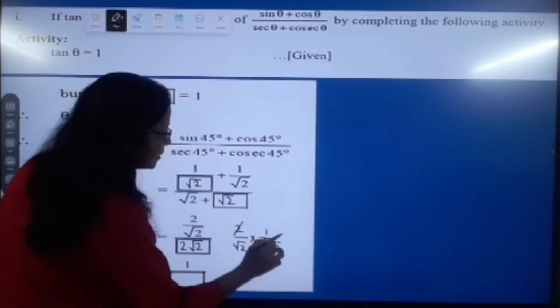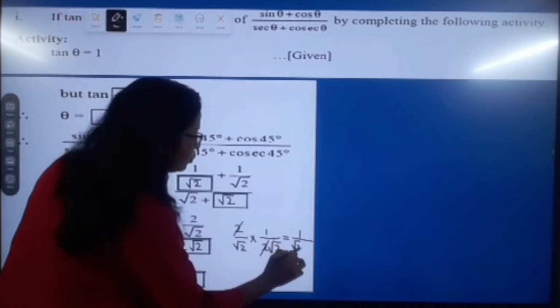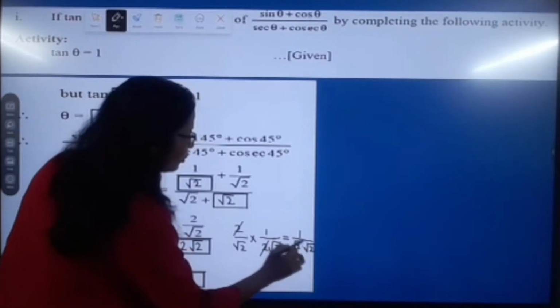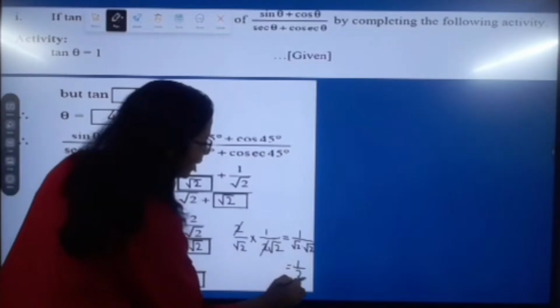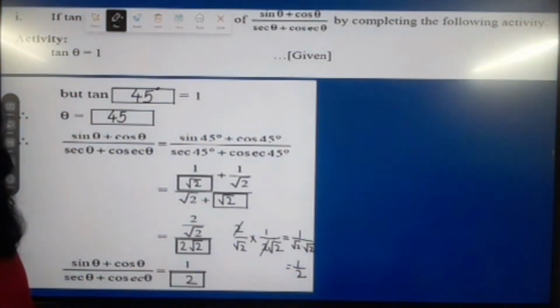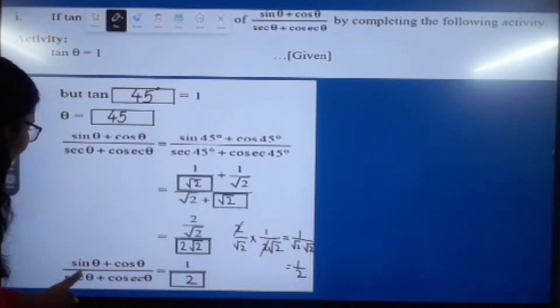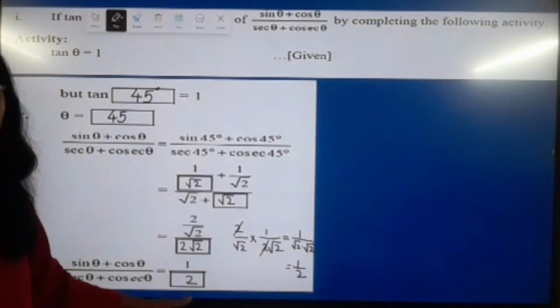The 2 gets cancelled and the remaining part is 1 upon root 2 multiplied by root 2. Root 2 multiplied by root 2 is 2. So the final answer is 1 upon 2. So sin theta plus cos theta upon sec theta plus cosec theta is equal to 1 upon 2, students.